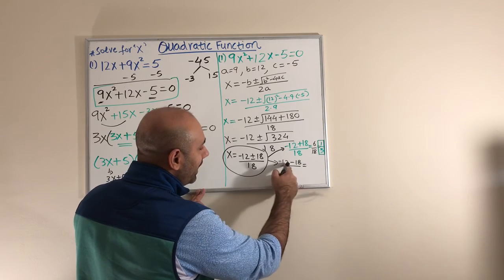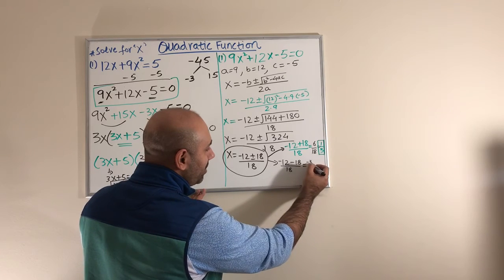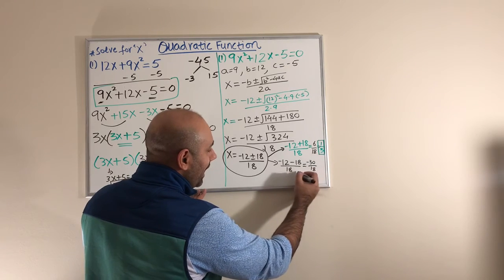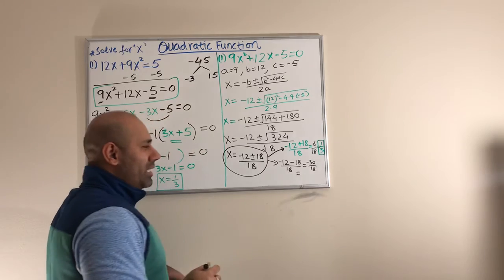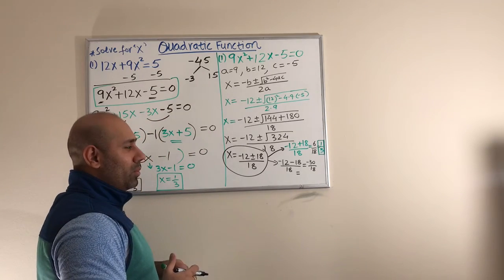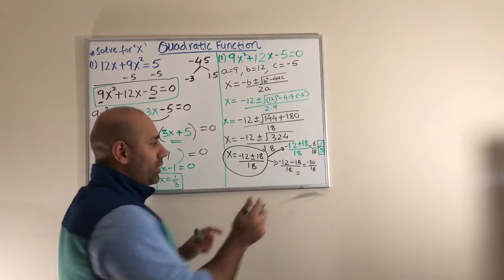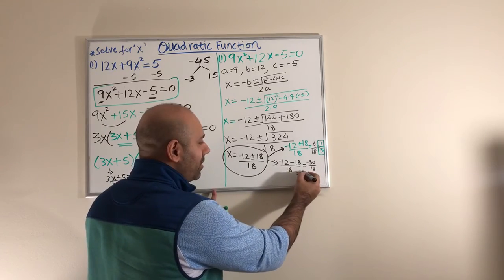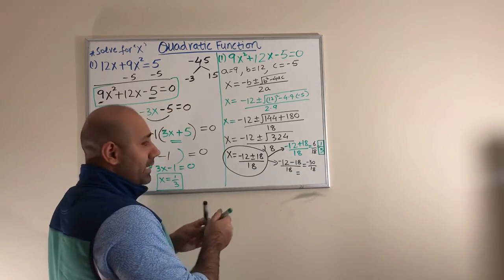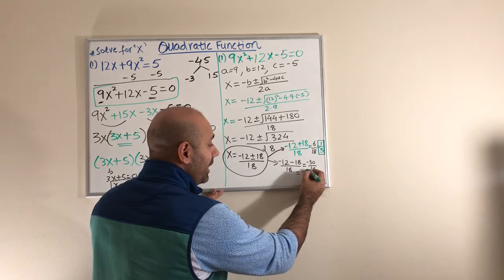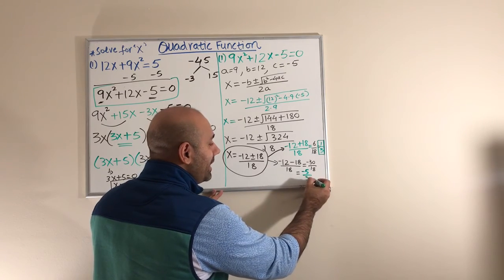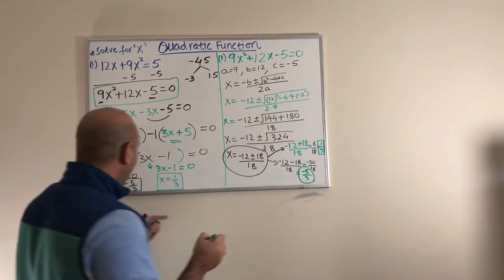Guys, if I combine negative 12 and negative 18, I get negative 30 over 18. And if we simplify this, what is the greatest common factor between those two? I think it is 6, right? So 6 divides both upstairs and downstairs. So upstairs we get 6 times negative 5 is 30, and 6 times 3 is 18. Guys, here we have negative 5/3.